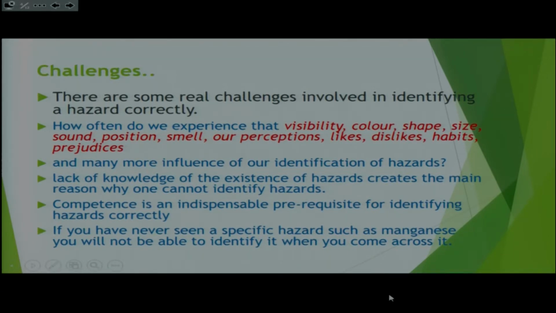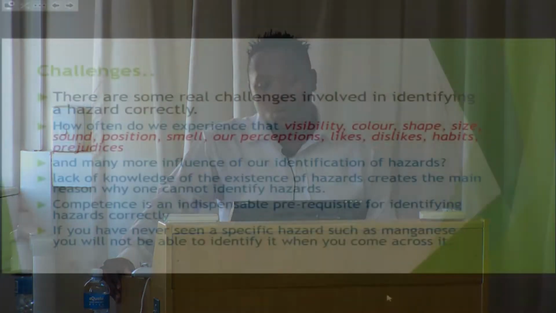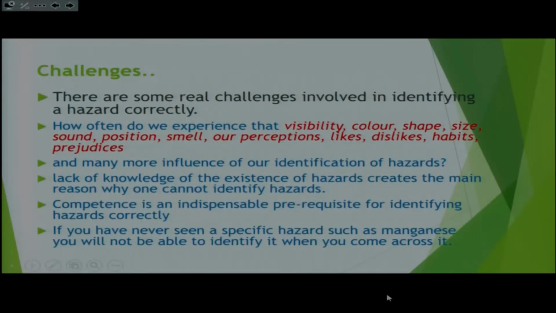If I say manganese, and you've never seen what manganese looks like, you might know that it's a hazard, but you won't know the effect of long-term exposure of that particular element, and so forth. So lack of knowledge of existence of a hazard creates the main reason why one cannot identify that hazard. So you need to understand those hazards.